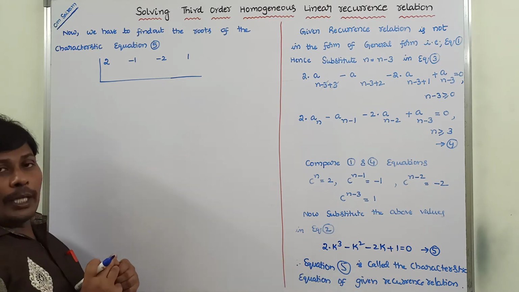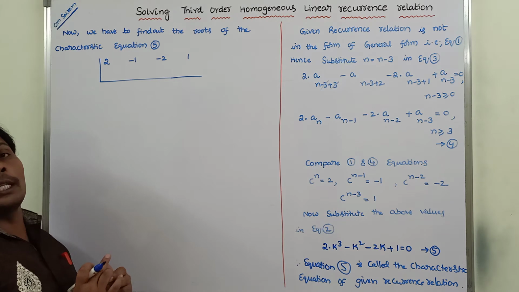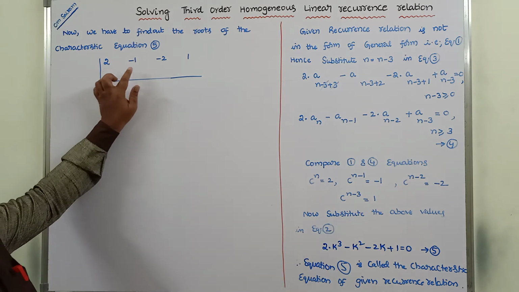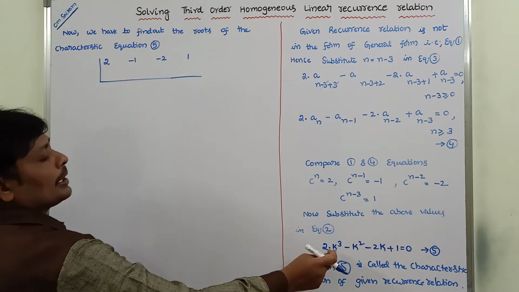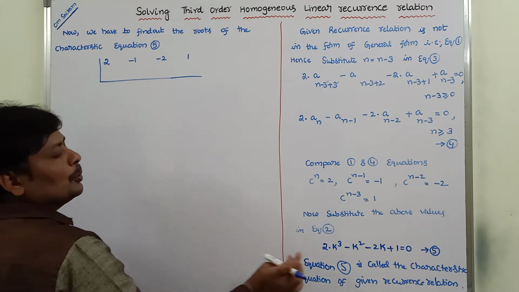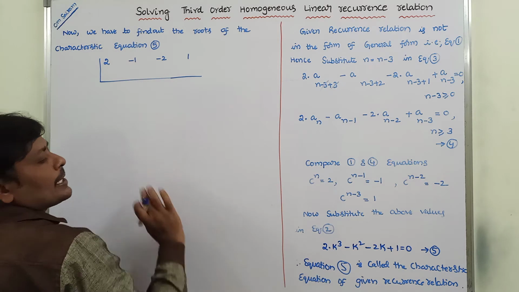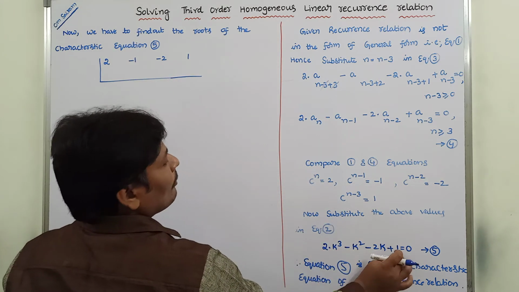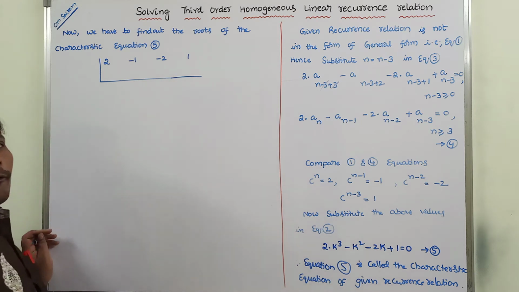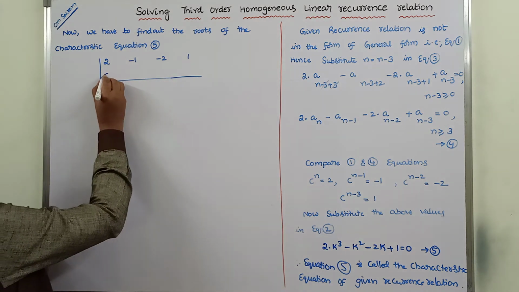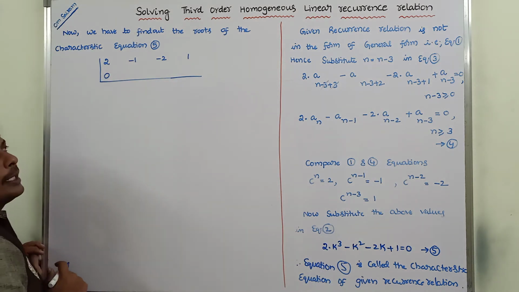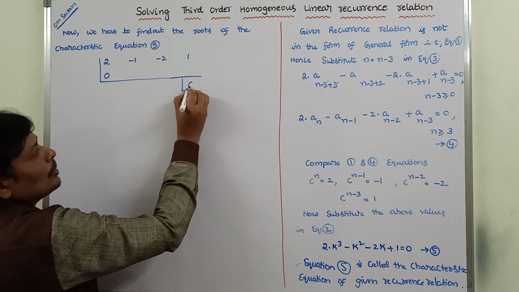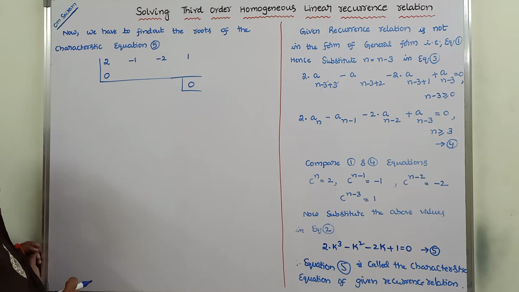For that one, we have to use short division method. In that one, we have to write the coefficient. K cube coefficient is 2, k square coefficient is minus 1, k coefficient is minus 2, and constant coefficient is also 1. Okay. First put 0 here. Next one, at this position, last we have to get 0 value. Okay.